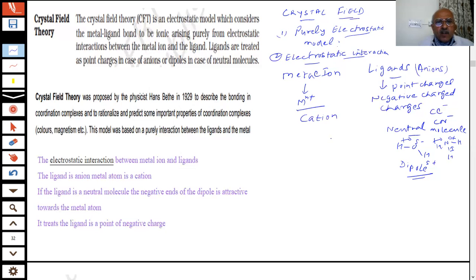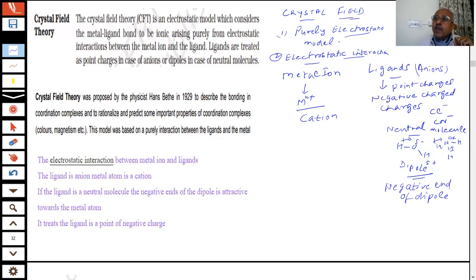If the ligand is a neutral molecule, the negative end of the dipole is attracted toward the positively charged metal ion. So the theory treats the ligand as a point negative charge.